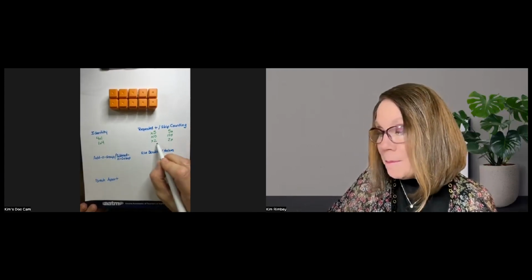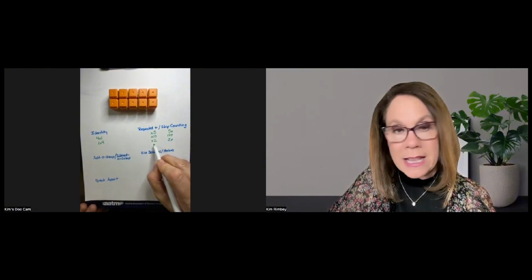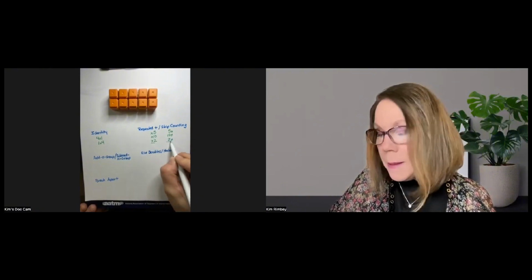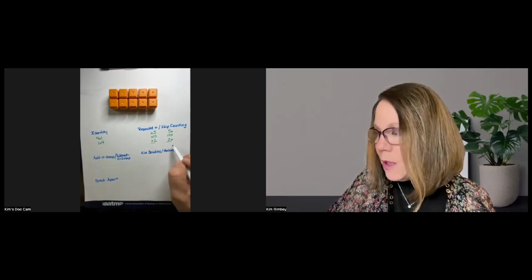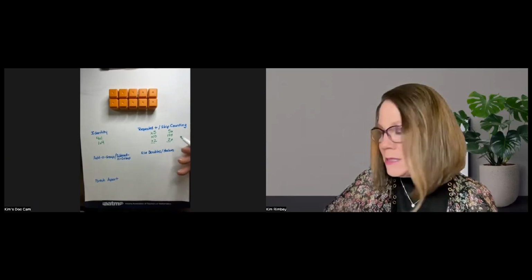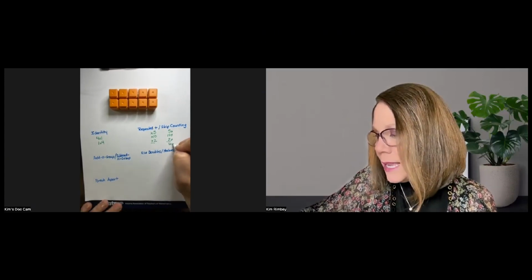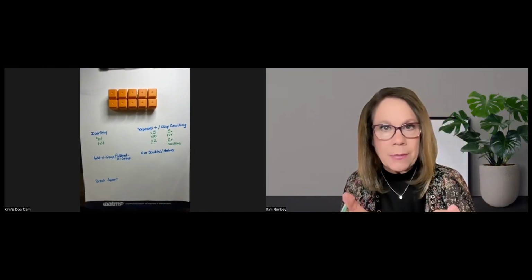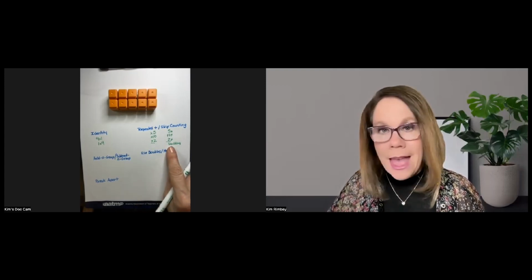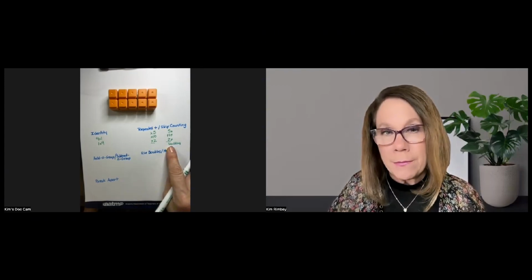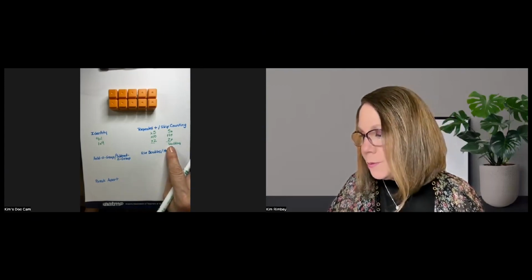Although I think there's a big distinction, especially with this one, because times 2 kind of sounds like I'm skip counting by 2s. Whereas when I'm doing 2 times something, this one is really the idea of doubling, right? If I have 2 times 8, it's double 8. 2 times 4 is double 4.